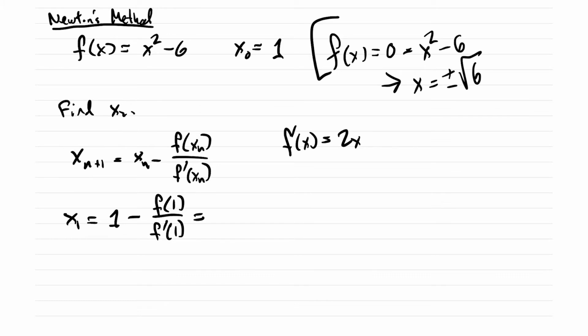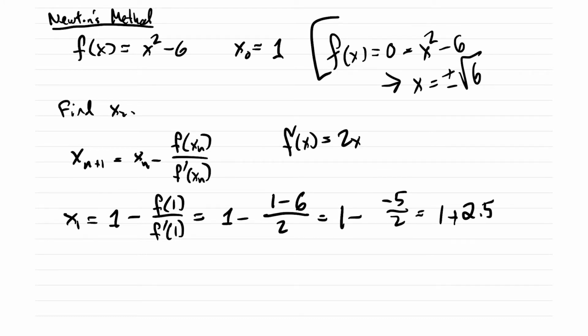That's going to be 1 minus 6 divided by f prime at 1, which is 2. So we have 1 minus negative 5 divided by 2, which is 1 plus 2.5, and so x1 should be equal to 3.5. I think. Yeah, that seems about right.